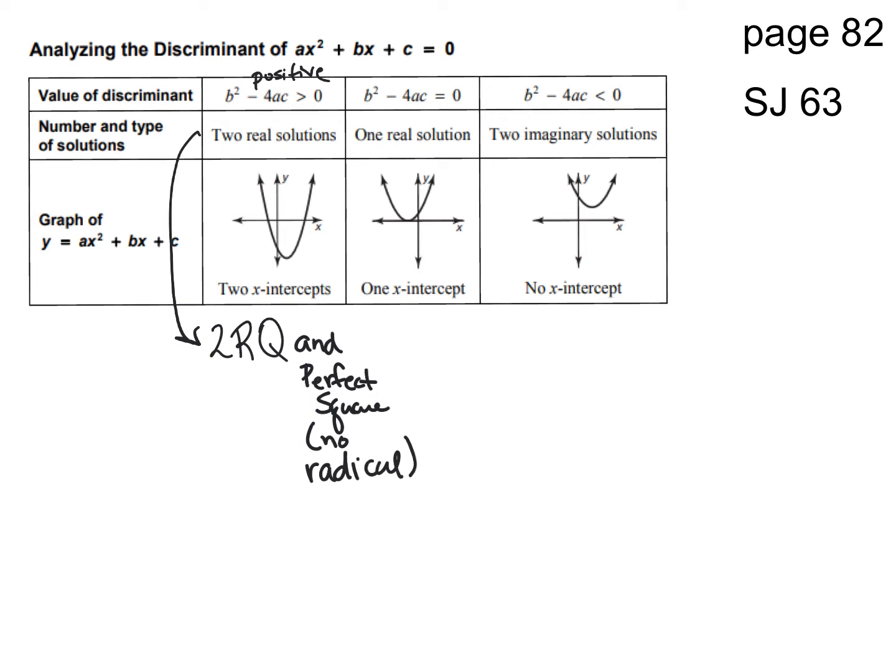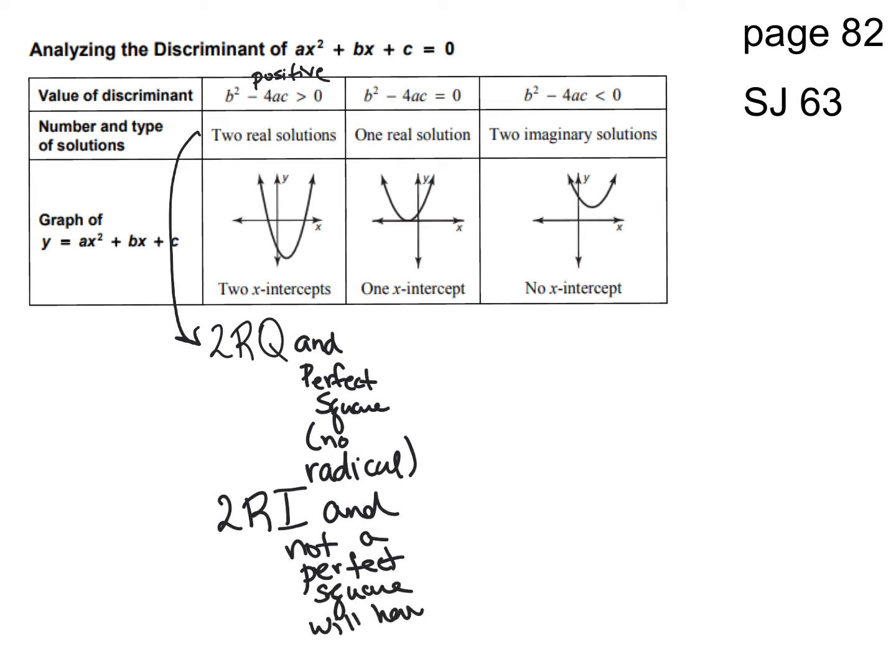It'll just be two whole numbers, two integers, two fractions, something like that. If it's greater than 0 and not a perfect square, you're going to have two real irrational solutions, which means you will have a radical in your answer. So I apologize if this is after the other. No, it's before. I just inserted it in the video.